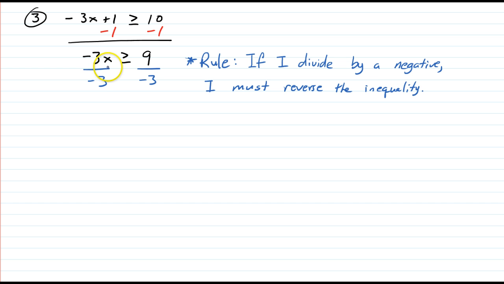So here I was dividing with a greater than, so I need to flip that. I'm going to take that greater than and reverse it and make it a less than. So this goes away. Now I'm left with x is less than or equal to -3. So let's try 3b on your own.